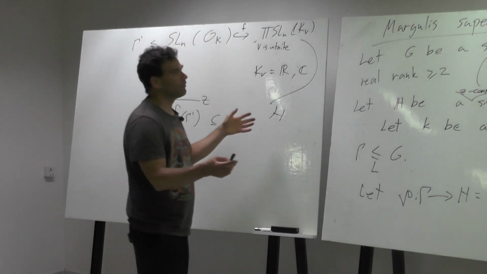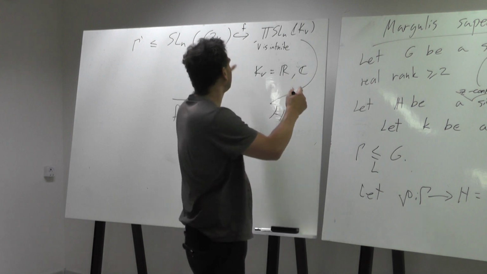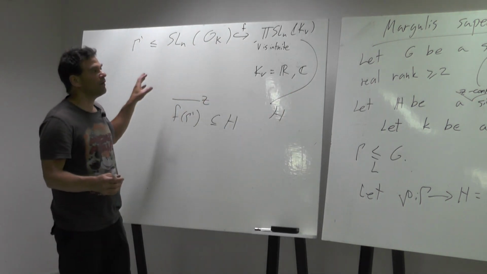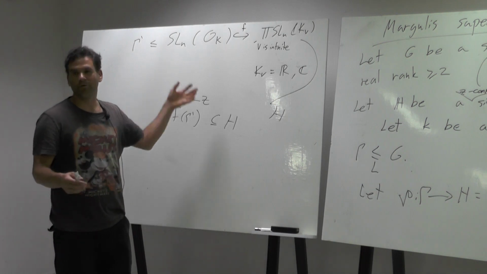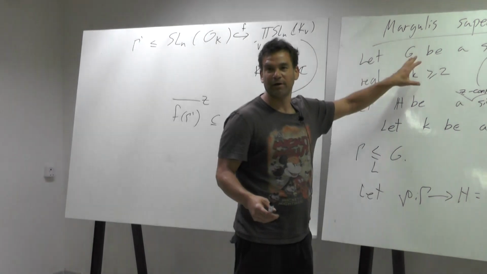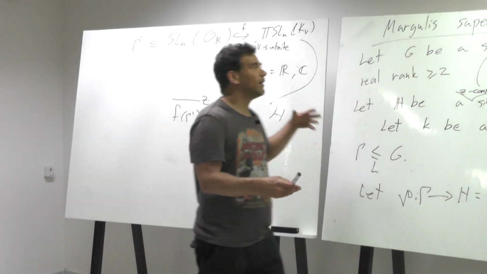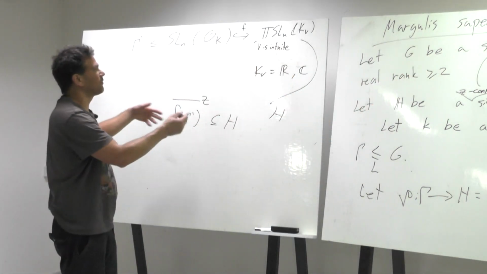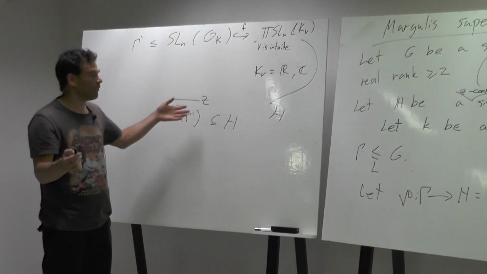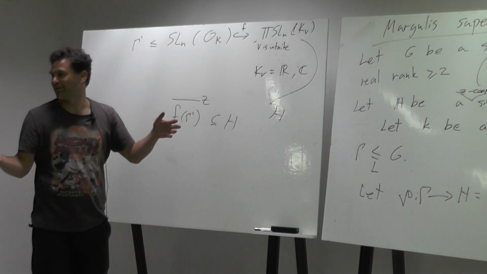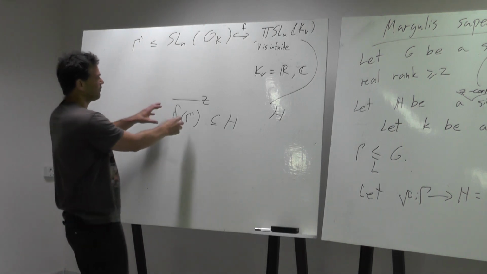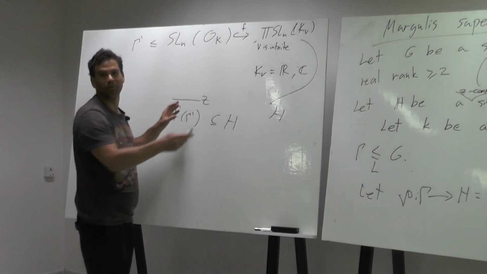Superrigidity tells you that this will be a product of simple groups. Any factor could be either compact or non-compact, but if it's non-compact, by superrigidity this factor is SL_N(R). So basically what you get in this image is SL_N(R) times compact factors.